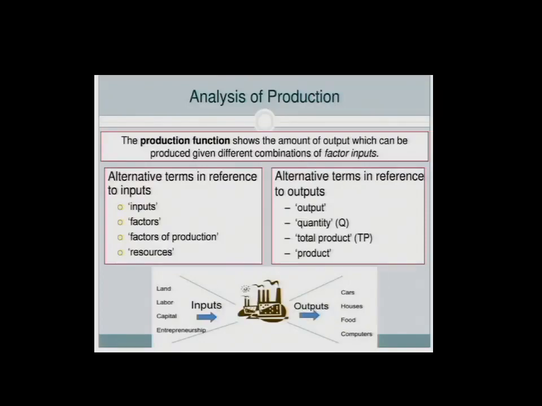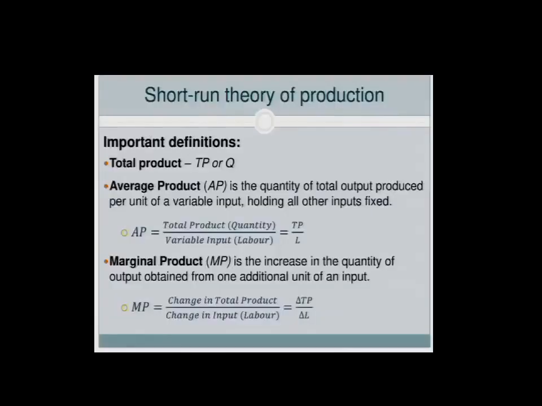So that describes the introduction to the analysis of production. Now, before we start analyzing production in the short run, we need to look at some definitions. Total product is total output. That shouldn't be confusing.